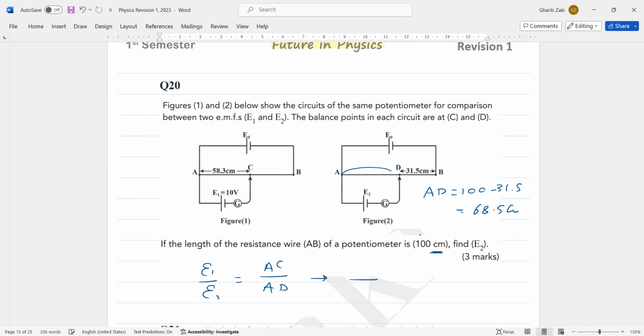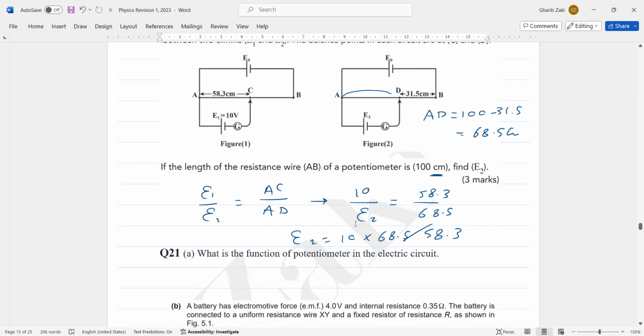Now, from this, E1 is 10 over E2, the required, equals AC, it's 58.3 over AD 68.5. Then we can get E2, it's 10 multiply 68.5 divided by 58.3. We use the calculator to get the answer.